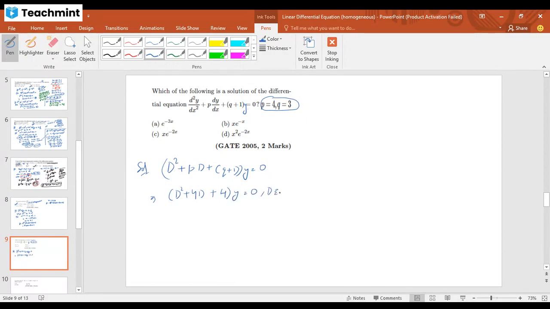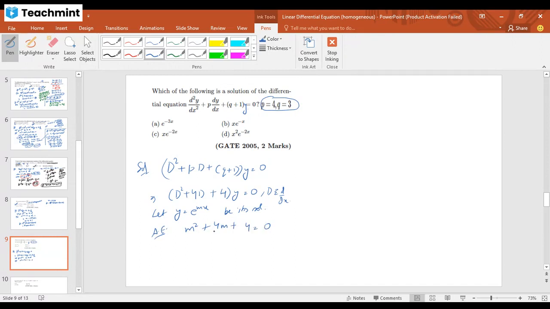Of course, here D stands for the differential operator. So we are assuming let y equal to e raised to the power mx be its solution. So its auxiliary equation is m square plus 4m plus 4 equal to 0.